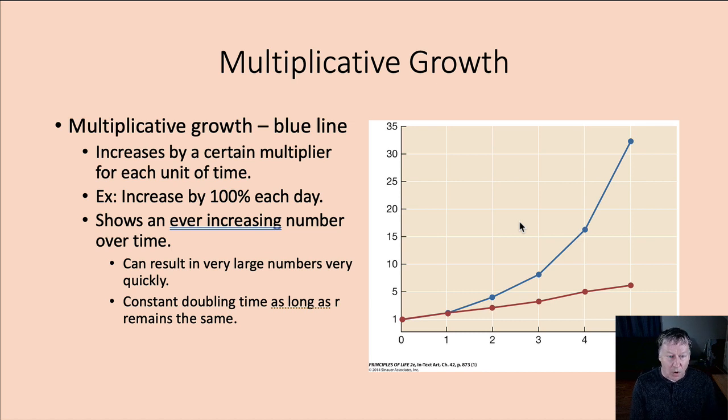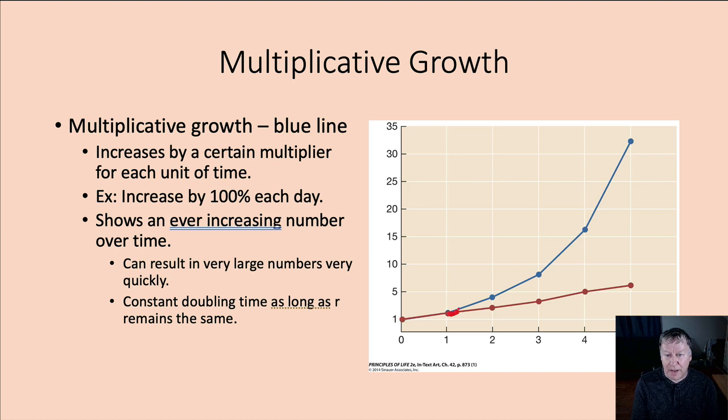Multiplicative growth, often called exponential growth, is the blue line. Here, instead of increasing by a certain number of units each time, we increase by a certain multiplier each time. For example, with our penny, we increased by 100% each day. We doubled the number every single day. So our first day we have 1, so the next day we've got 2.